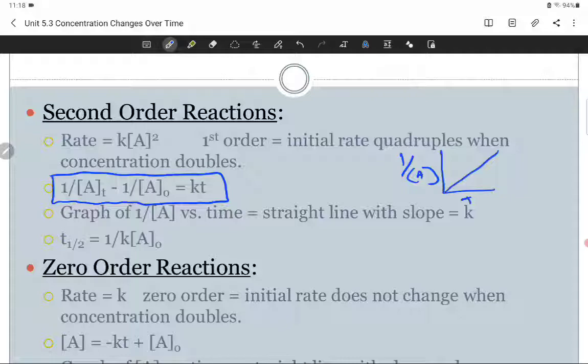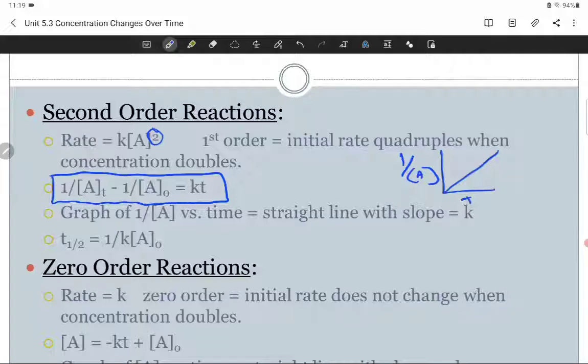Now this one goes through the origin, so actually the K value and the slope are going to be identical terms. Because there is a 2 there, second order, what this means is if you would double the amount of A, you don't double the rate, you would quadruple the rate.